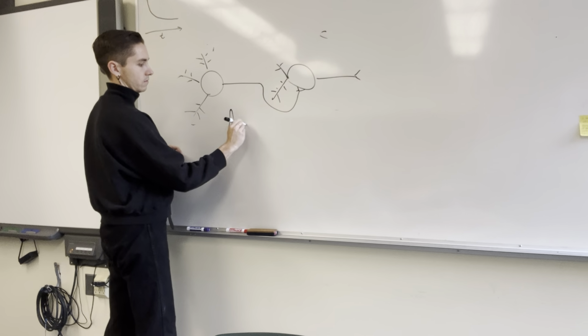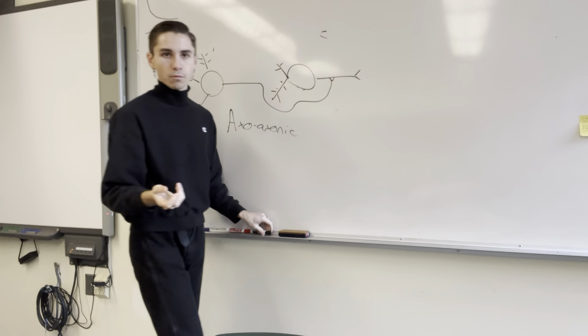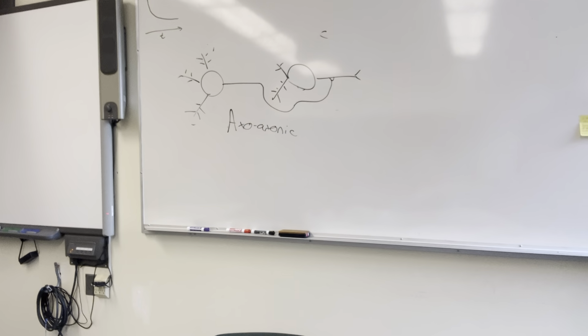So there's lots of different ways that you can have neurons interacting with one another. This one specifically, the axodendritic, is the most common synapse, and it's the one you find most prevalent in the nervous system. That's why I wanted to highlight it.